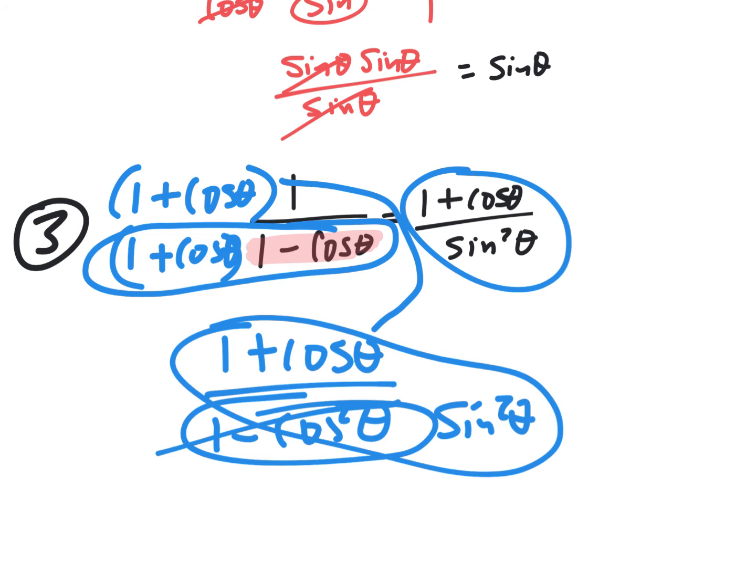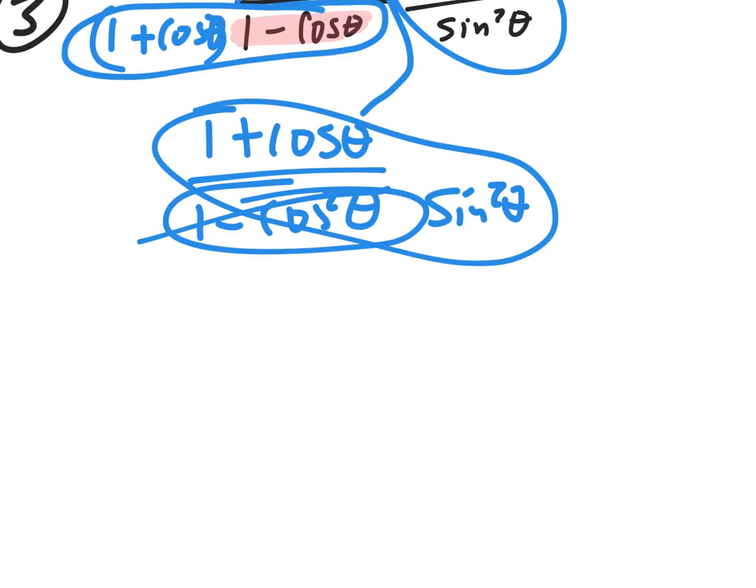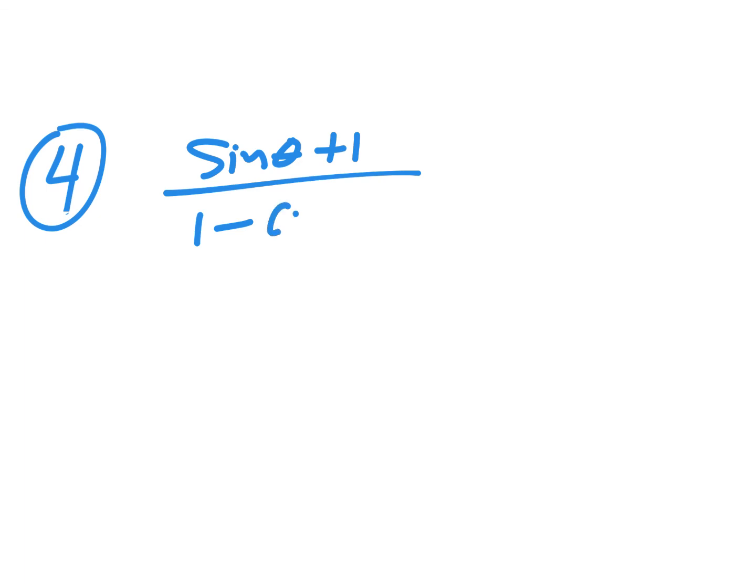Okay, next one. This one, I will tell you, involves factoring. Sine theta plus 1 over 1 minus cosine squared of theta. And I think I actually screwed this up. I apologize. It's cosine up top. Cosine theta plus 1.